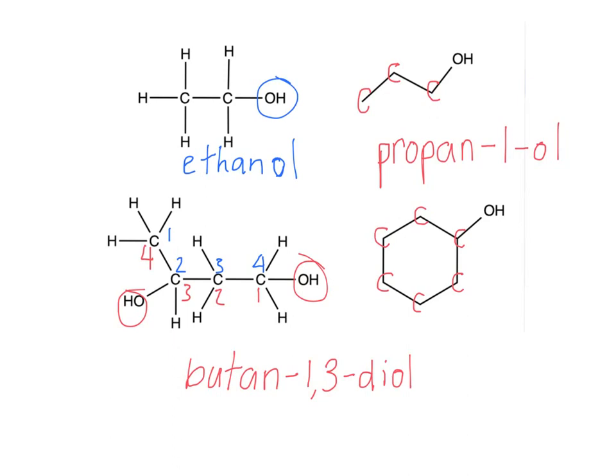And now the really cool thing about this is it doesn't matter how I name this, but this is always going to be carbon number 1 because I want it as close to the ol as possible. So cyclohex, so here we go, cyclohex, and you can put in -1-ol if you want to. If you left out the 1, that was also okay.